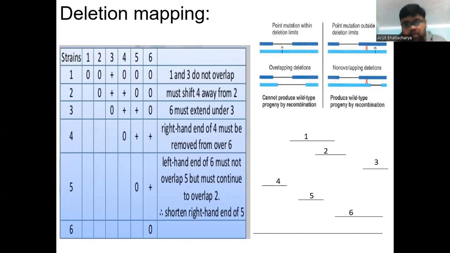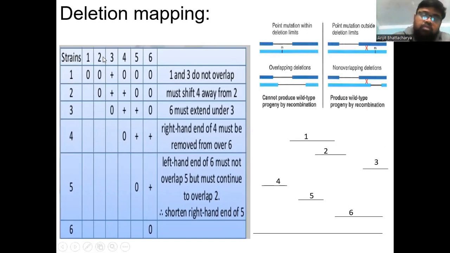Just to make you understand the deletion mapping system, say you have strains like 1, 2, 3, 4, 5, 6, each having some deletion in the genome. Now, if you have to cross these strains, that means you have to co-infect the bacteria with these strains. If you co-infect the bacteria with the same strain, 1 and 1, then of course there will be no recombinant.